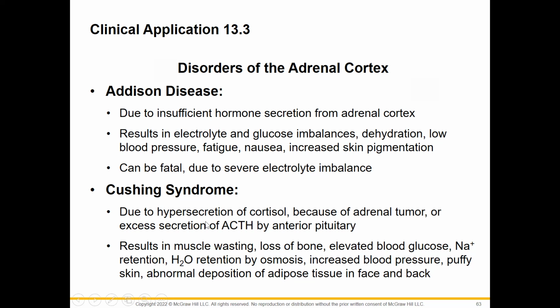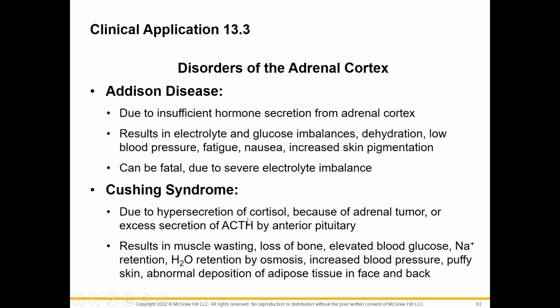Remember, ACTH is the hormone in the anterior pituitary that works on the adrenal cortex to control cortisol secretion. So if you have excess ACTH, that will cause an excess production of cortisol. Even though nothing is wrong with the adrenal glands themselves, these cells are being overly stimulated by ACTH because of a tumor. Usually it's a tumor in the anterior pituitary.